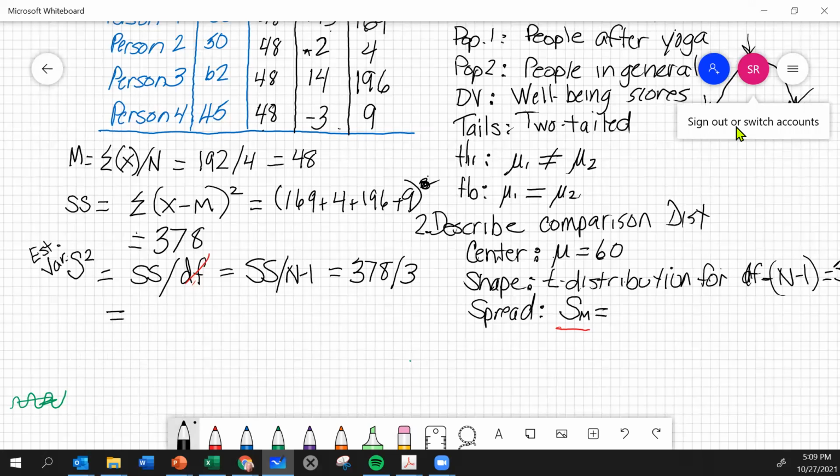And that equals 126. So we know our variance for the distribution of the population is 126.